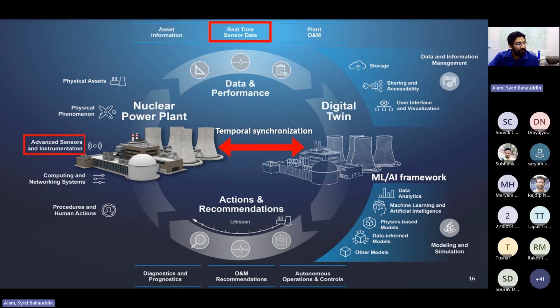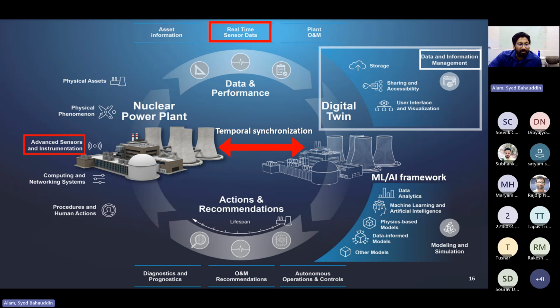And when you have advanced sensors and instrumentation, you need to have computing and networking systems, the wireless connection, the way you want to build your connection, right? And if you want to make it secure, people are talking about quantum algorithms, quantum safety. All these things are the back end. I'm not going there. When you have the advanced sensors and sensor data, that means you have the data, right?